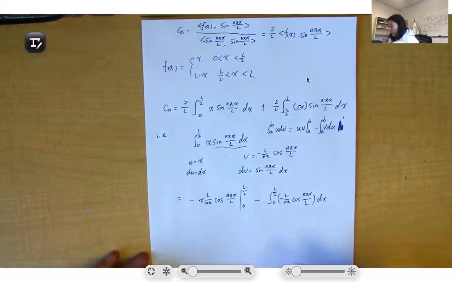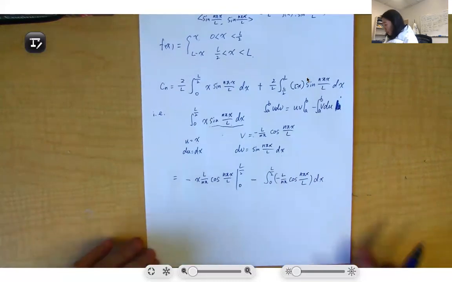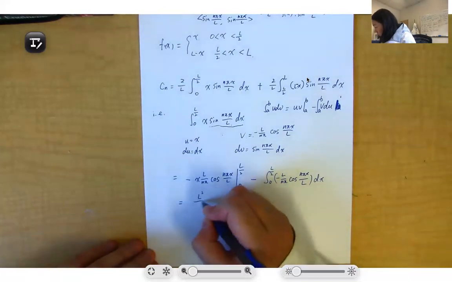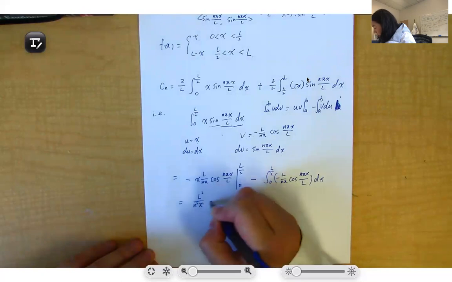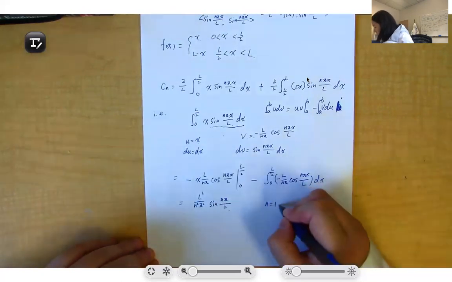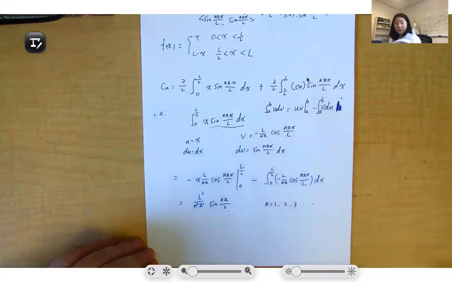And then you can try to solve it by yourself. We won't waste time here. So in the end, this part will be equal to L squared over n squared pi squared sine n pi over 2, where n equals 1, 2, 3 until infinity.